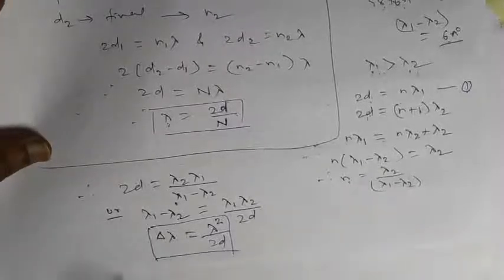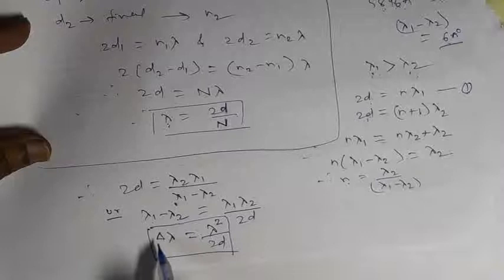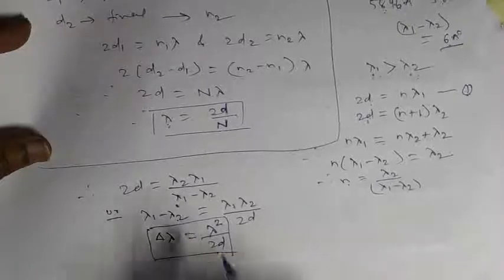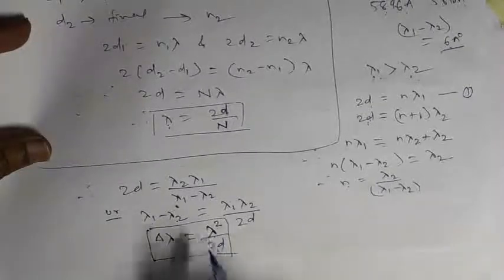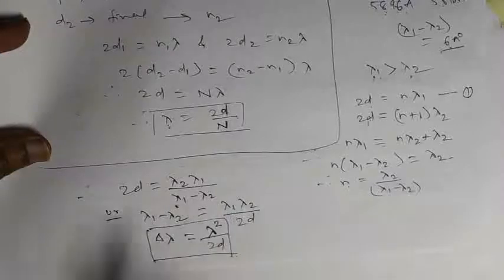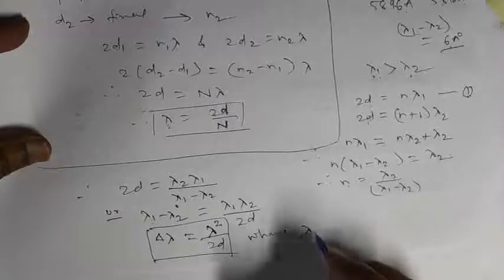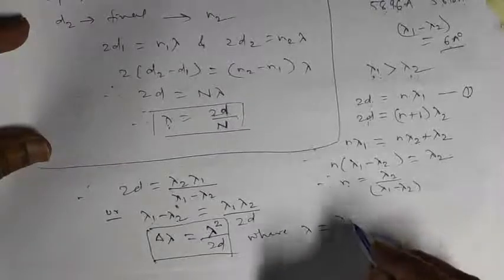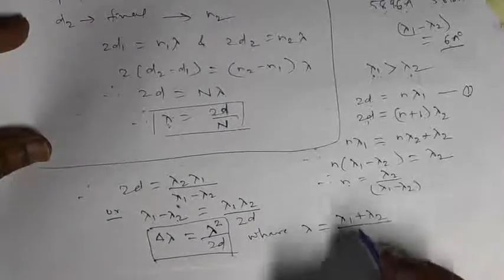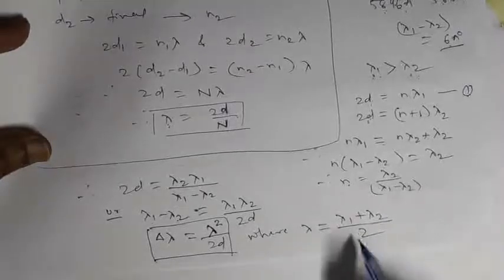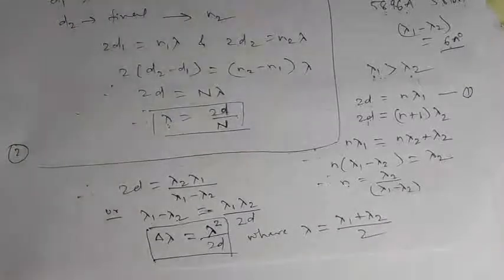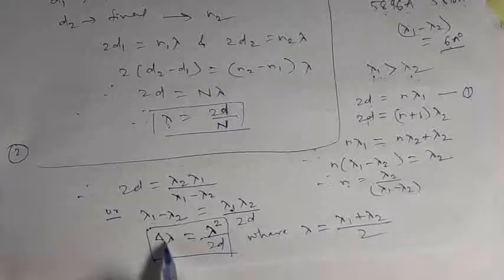This formula we can use for the calculation of a small difference between the two wavelengths, where lambda is the average value of lambda 1 and lambda 2, that is lambda = (lambda 1 + lambda 2) / 2.